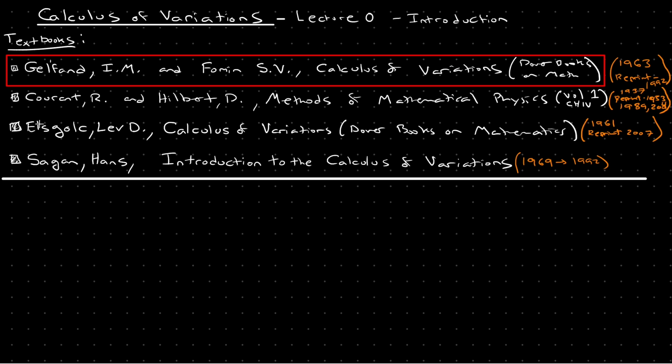The fourth reference is Introduction to the Calculus of Variations by Hans Sagan, originally printed in 1969, and then again reprinted in 1992. This is another Dover book. But we will be sticking in this class with the Gelfand and Fomin text. These other three texts are very, very good references for you to look at if you have further questions.